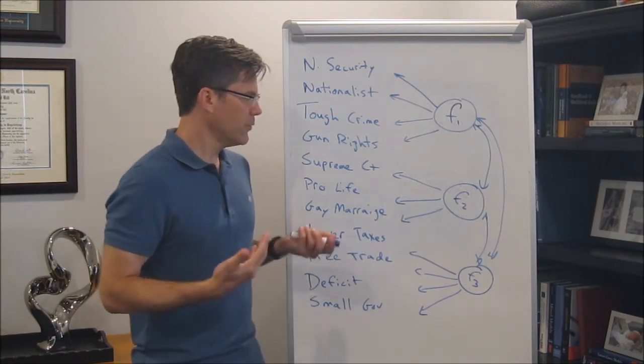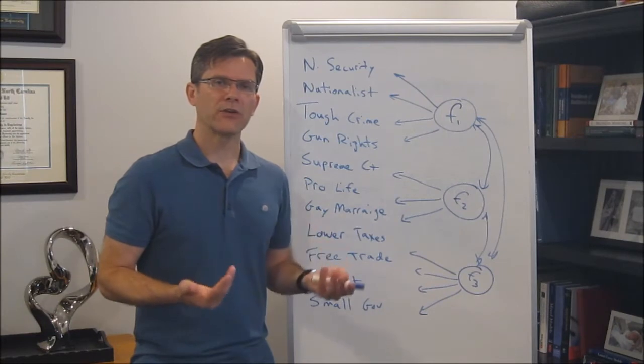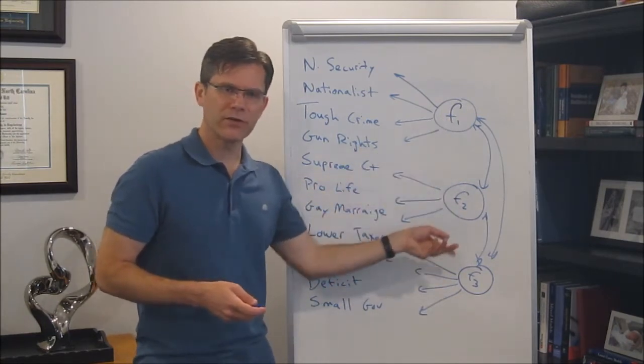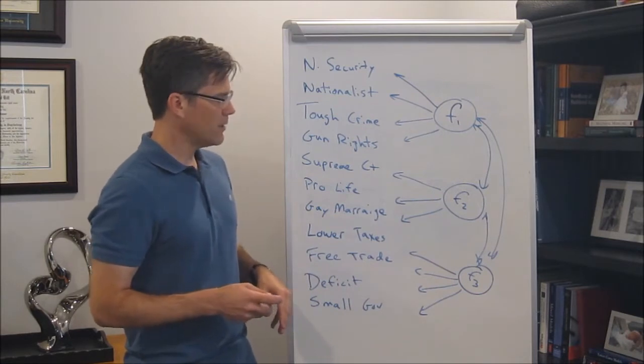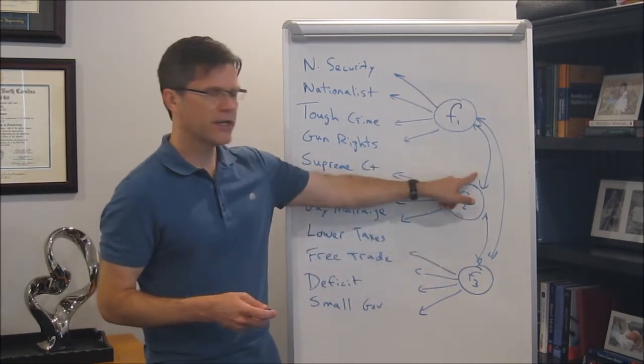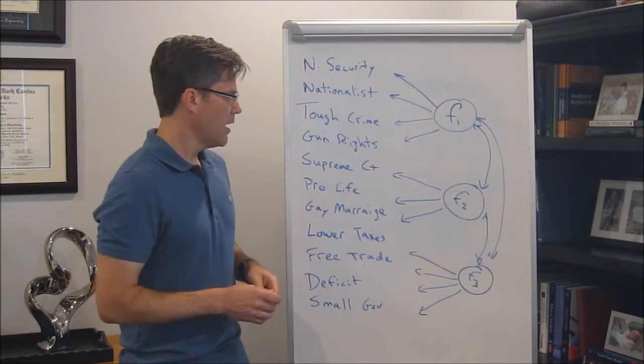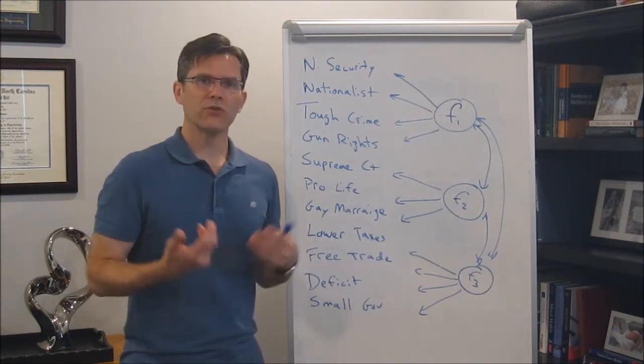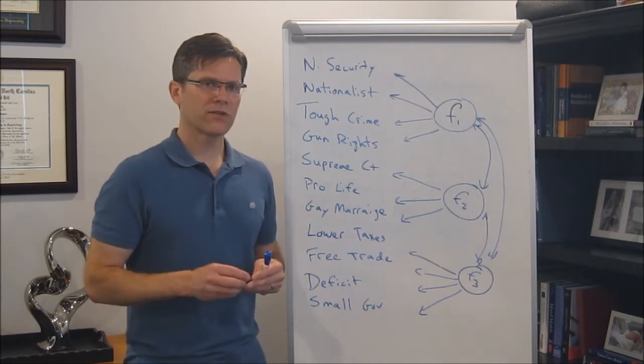But what if we don't have a good sense of what that underlying latent space is? Maybe we don't want to posit that there's necessarily three factors. Maybe we don't want to say that these factors are linearly associated with one another. And maybe we're not interested in continuous gradations of views on social conservatism and fiscal conservatism.